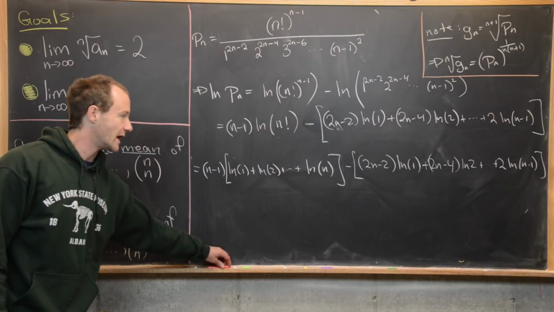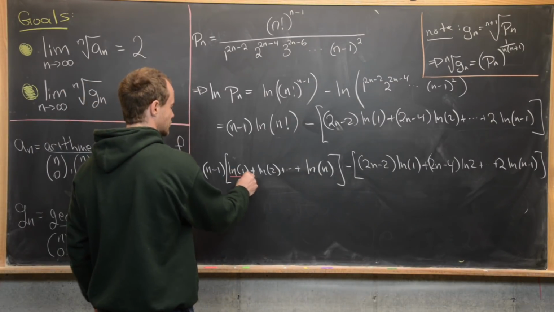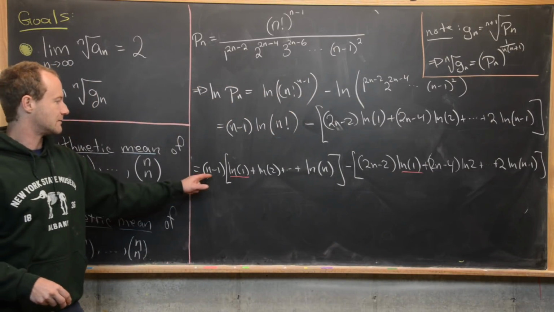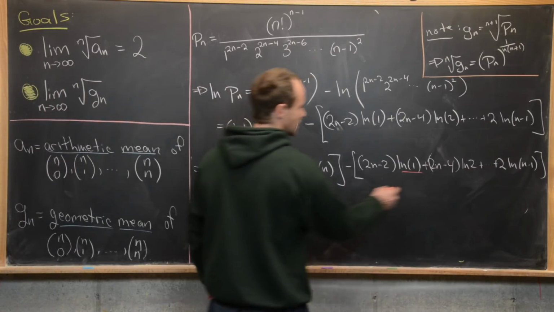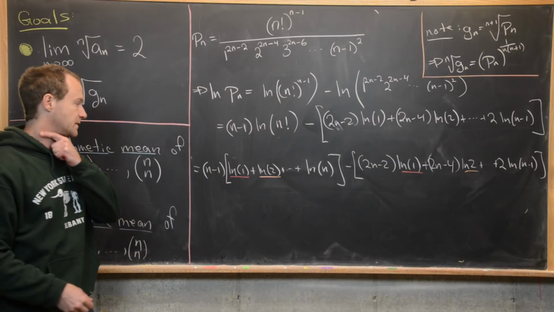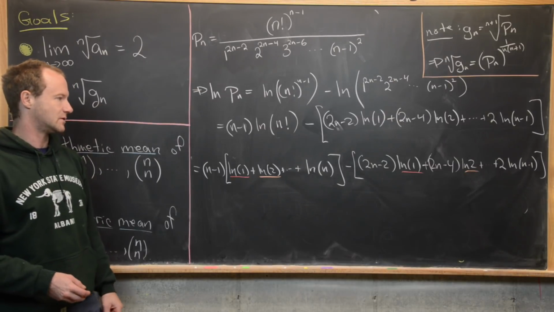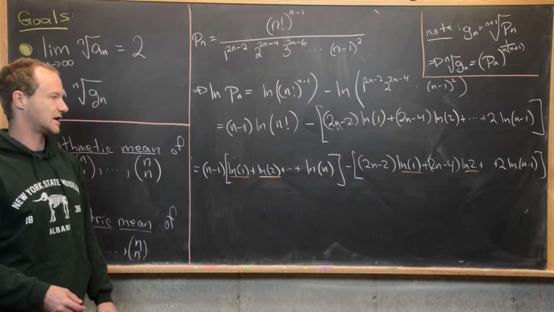Now what I want to do is go ahead and combine like terms here. So notice I can combine a natural log of 1 here with the natural log of 1 here, keeping in mind I've got my coefficients. And then my natural log of 2 here can combine with the natural log of 2 here, and so on and so forth. So notice everything from this first bit is connected to an n minus 1 as a multiplier, but these are connected to all sorts of different other things as multipliers.